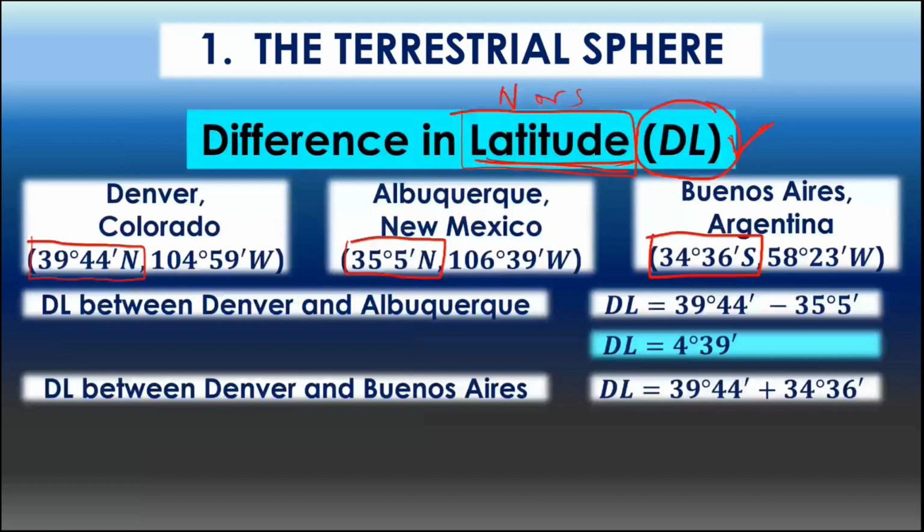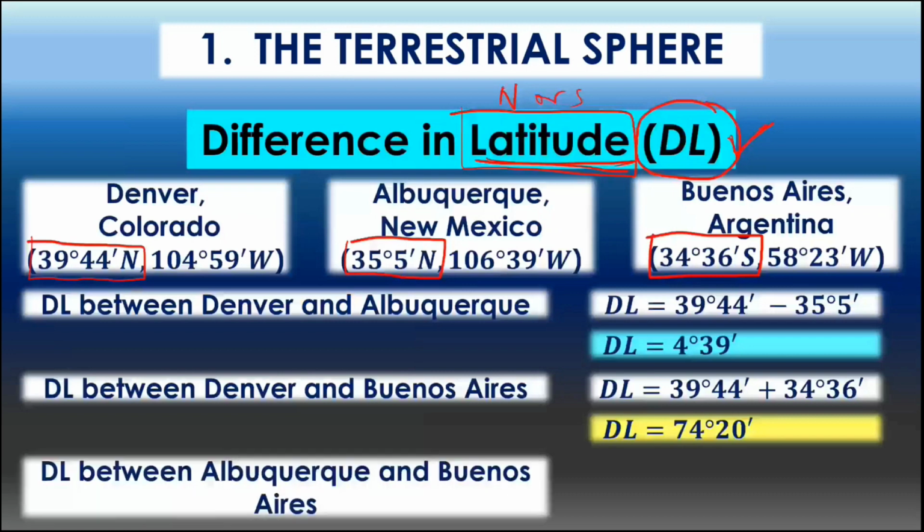So we do have DL equals 39 degrees 44 minutes plus 34 degrees and 36 minutes. So adding, the difference in latitude is 74 degrees and 20 minutes.